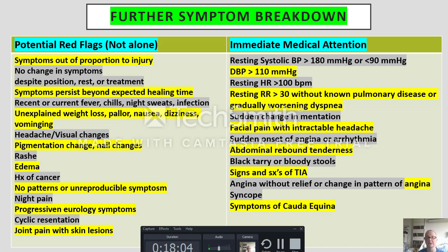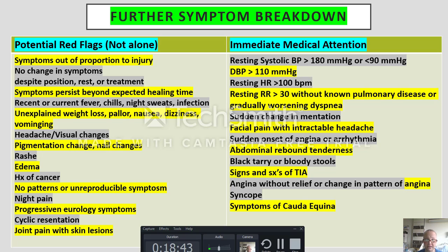Immediate medical attention. Resting systolic blood pressure greater than 180 or less than 90. Diastolic blood pressure greater than 110. Resting heart rate greater than 100. Resting respiration rate greater than 30 without known pulmonary disease or gradually worsening dyspnea.